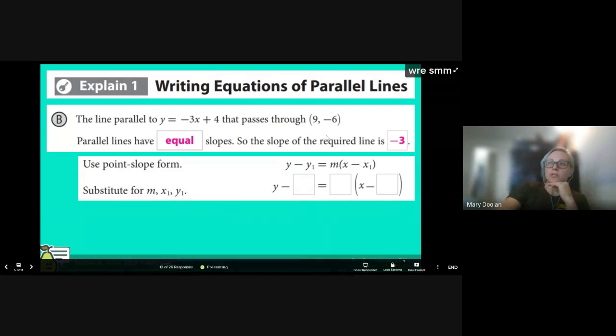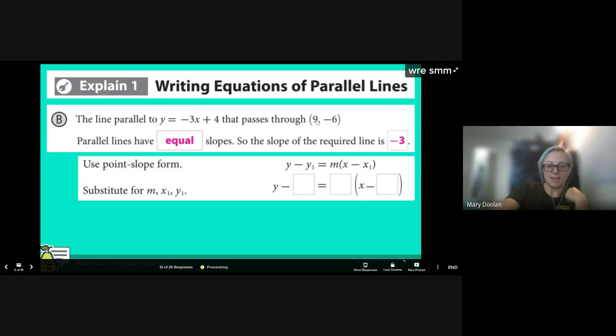When you're trying to figure out which is the x and which is the y, think about alphabetical order. What letter comes first in the alphabet, x or y? So same thing here. These are in alphabetical order. X, y.